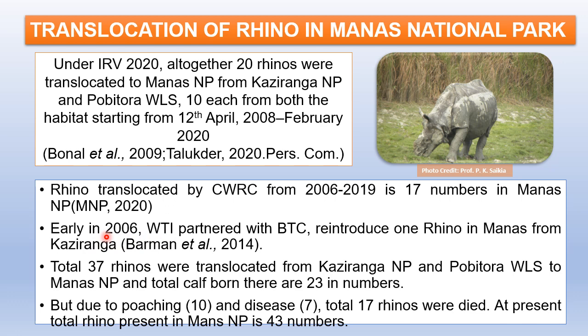This was the first rhino to reach Manas after the resident population of rhino had been wiped out due to different factors. All the rhinos translocated by CWRC are released first in the pre-release center called BOMA. It's an enclosure surrounded by a solar power electric fence before release in the wild.